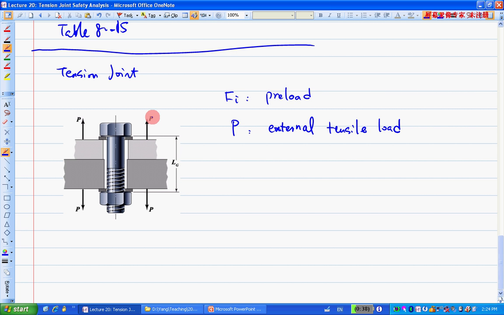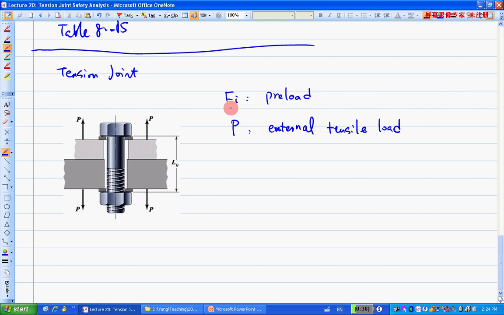If I don't have this external load P and you apply this preload Fi, the bolt will feel a tension caused by the Fi, and the member will feel what? A compression, also by the Fi.